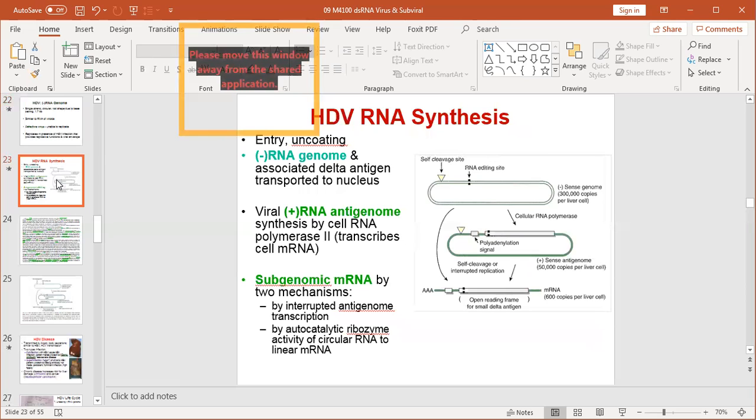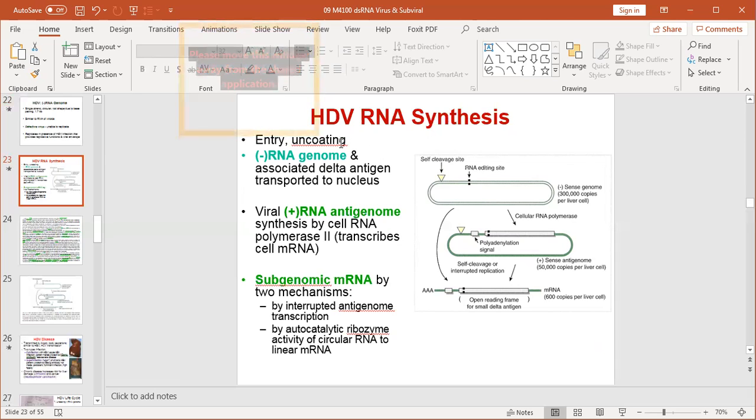So HDV RNA synthesis, what will happen? Once it gets into the cell and there's separation of the nucleic acid from the capsid, the negative RNA genome that is released, as well as the associated delta antigen, will be transported into the host cell nucleus.